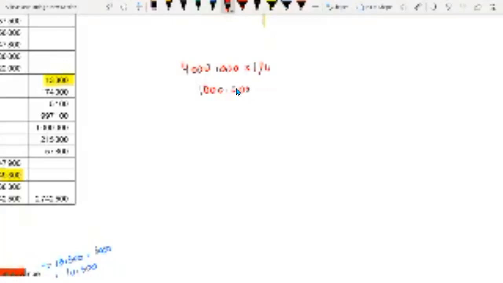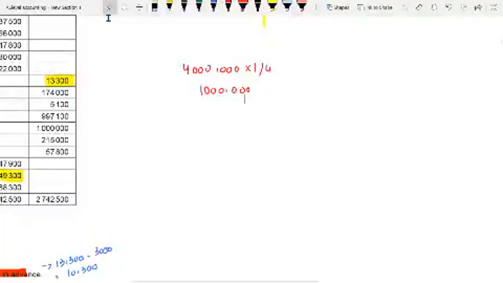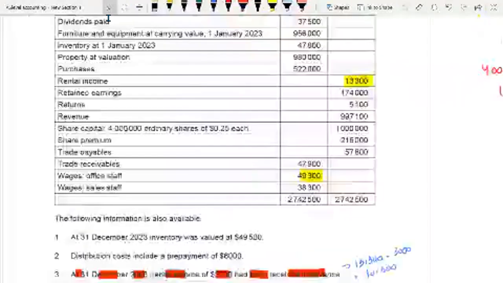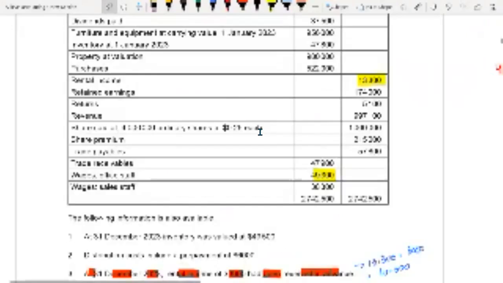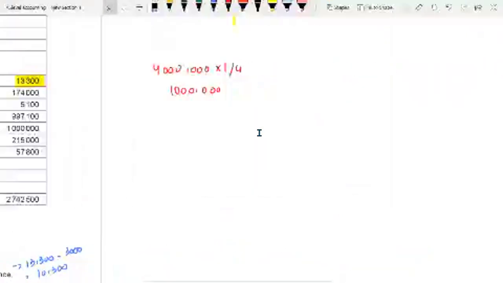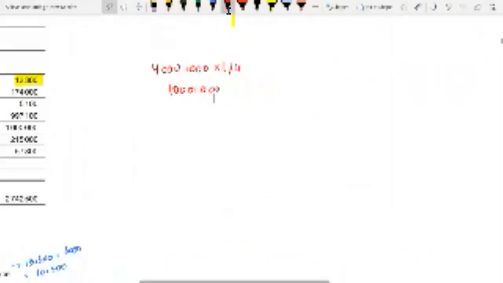And if you see the question again, the share price of each share is 0.25. So let's multiply it with 0.25 to find out the share capital. Multiply 0.25, so you have 250,000 share capital.